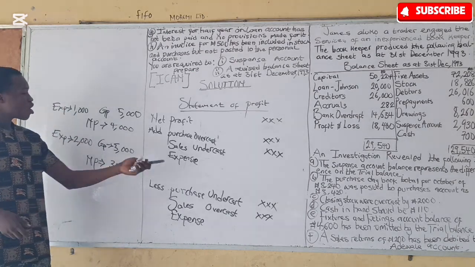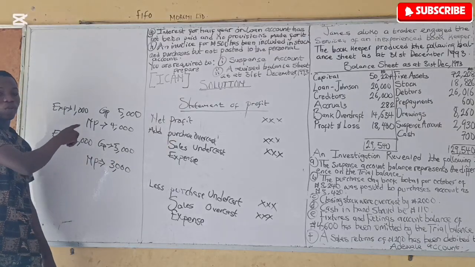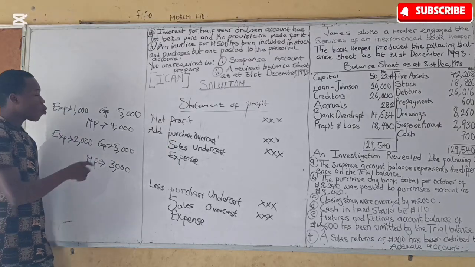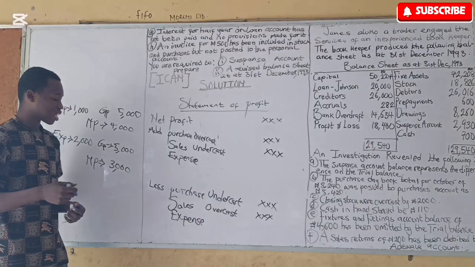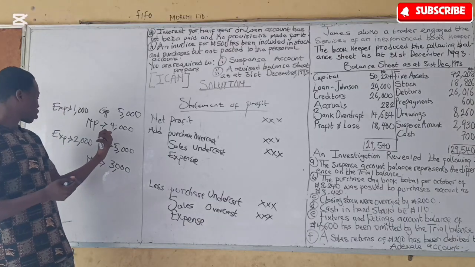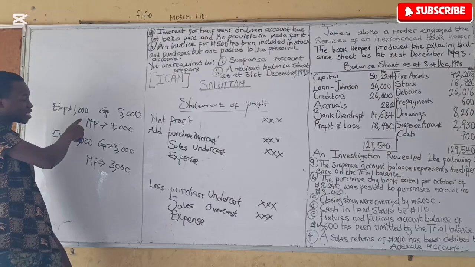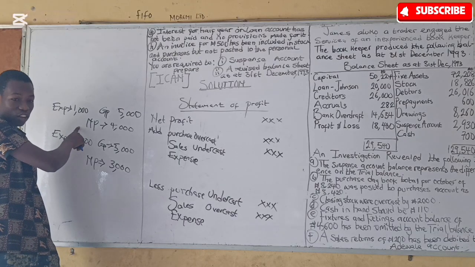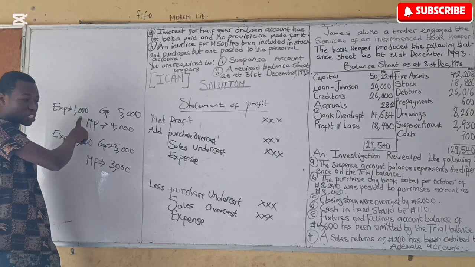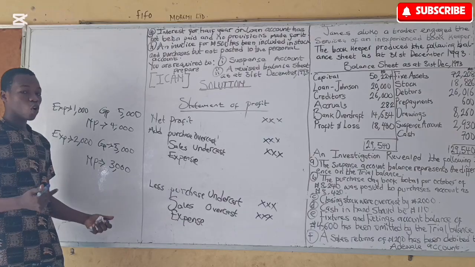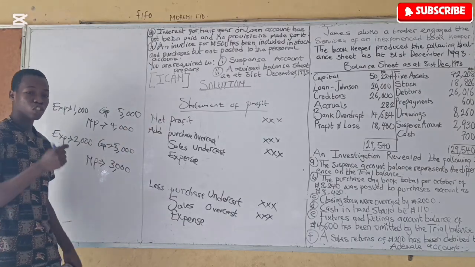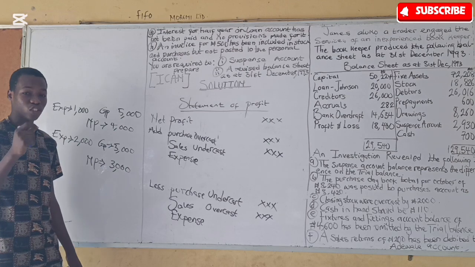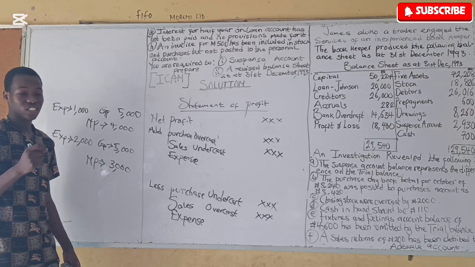So when your net profit increases, let's start with the one where we understate our expenses. When your net profit increases, you need to subtract it from it. You get it now? When you understate your expenses, your net profit increases. So since your net profit increases, you need to subtract it from the net profit to do the correct adjustments.